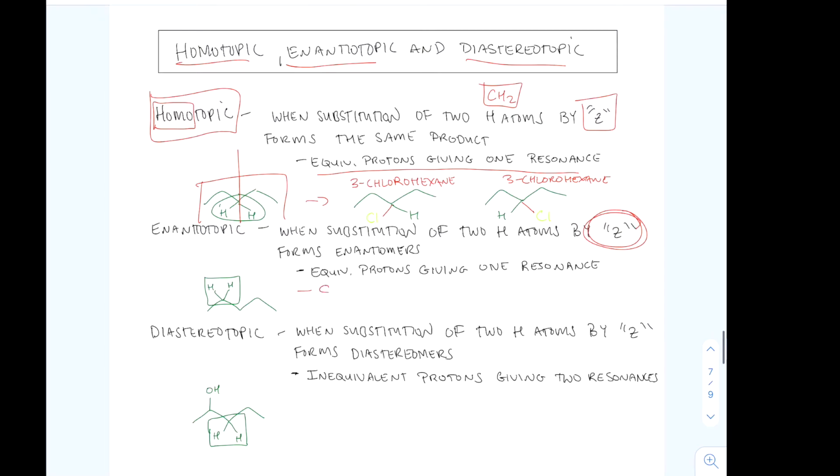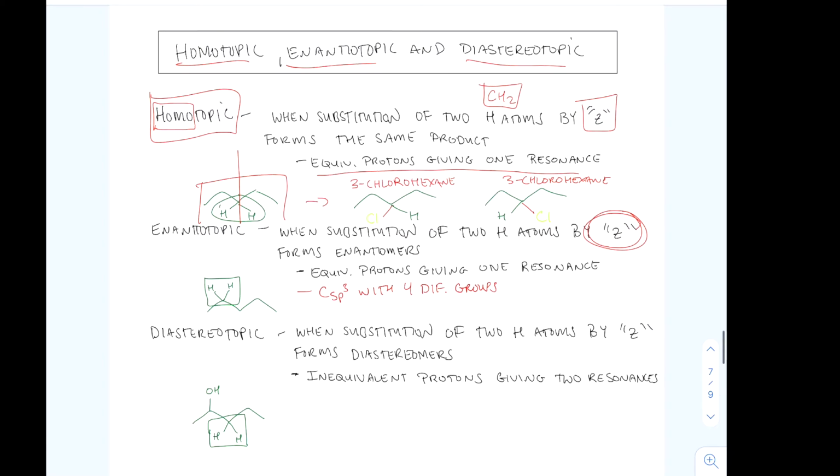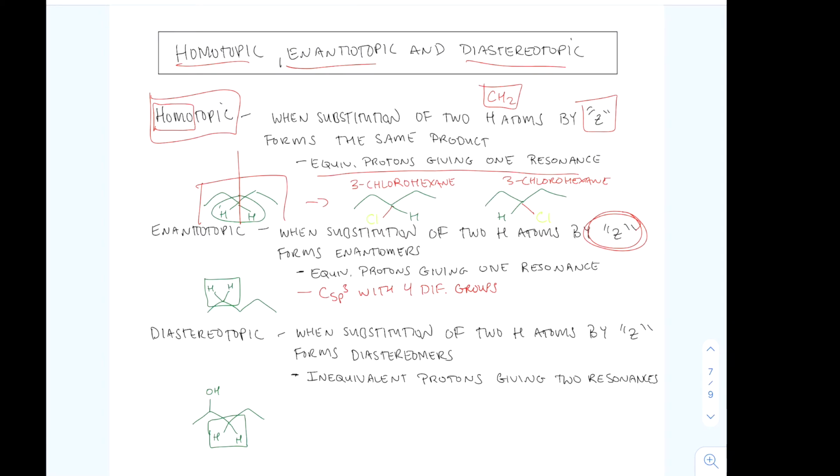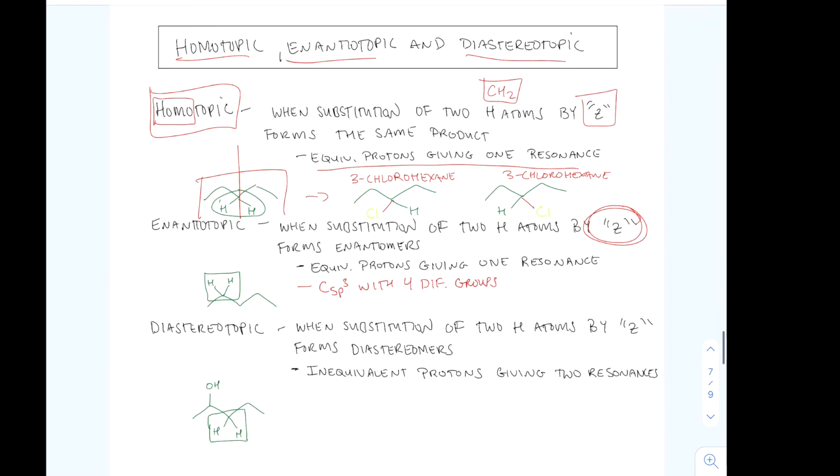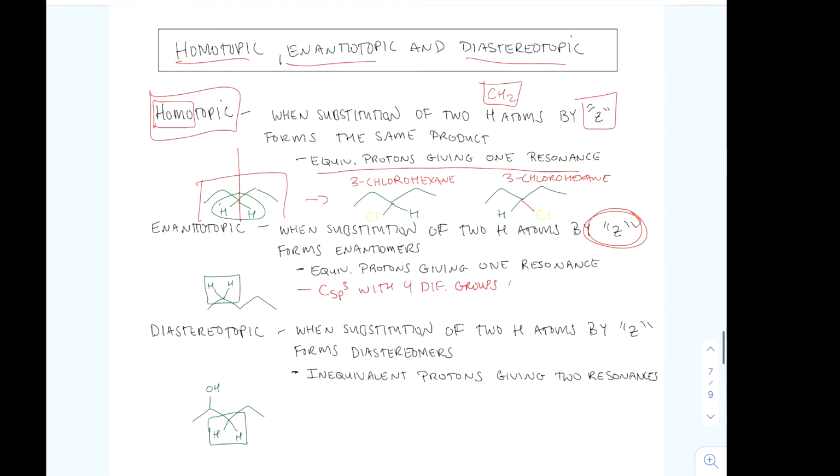Let's be more specific: an sp3 carbon with 4 different groups on it. You can think of them as substituents, which will be clearer when I explain it in a second. So, an sp3 carbon with 4 different groups on that carbon, okay?